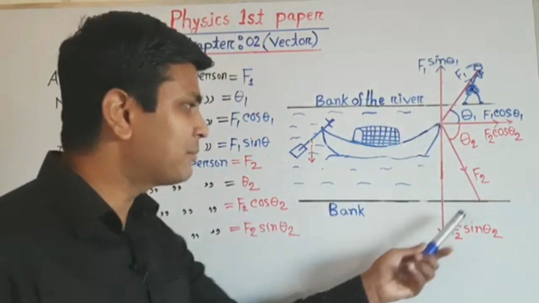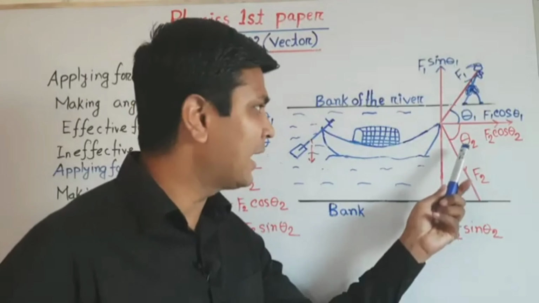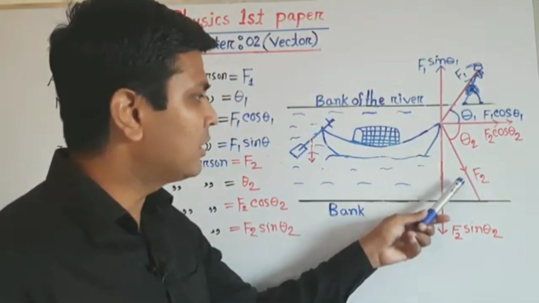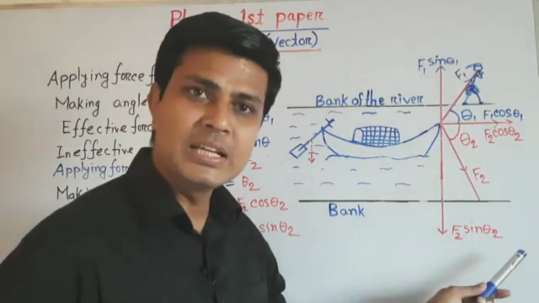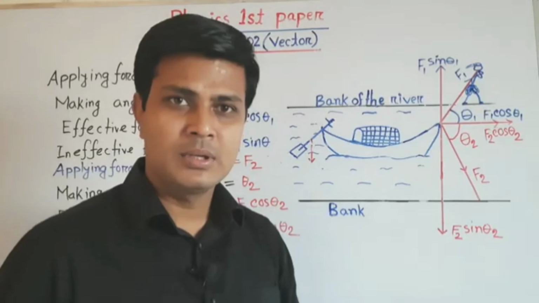Now in the case of the second person, the applying force is F2 and the making angle is theta 2, and the vertical component of the applying force F2 is F2 sin theta 2 and the horizontal component is F2 cos theta 2.